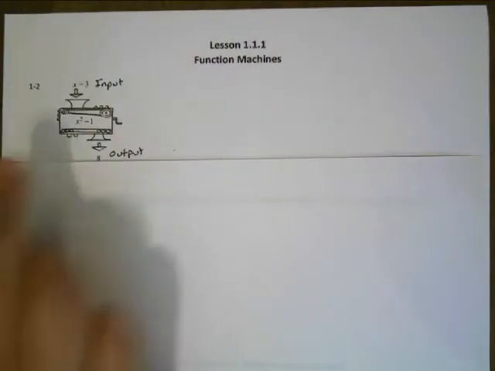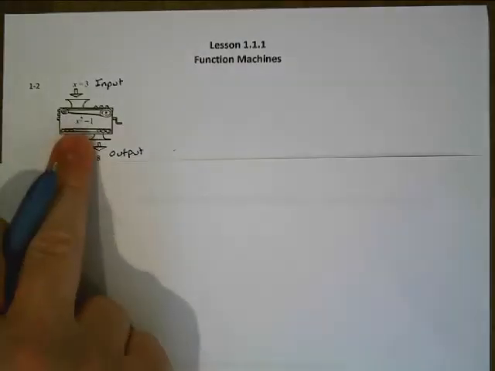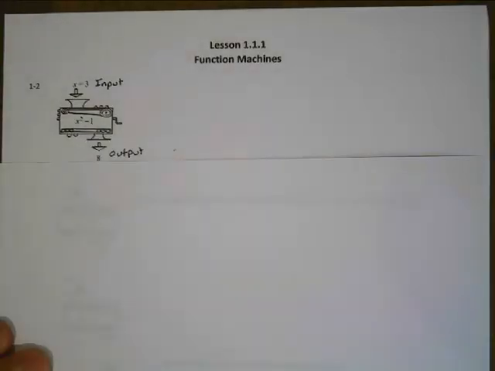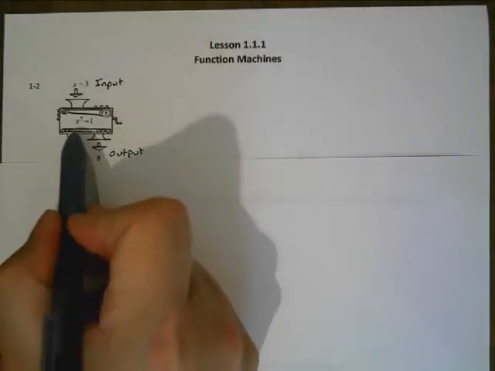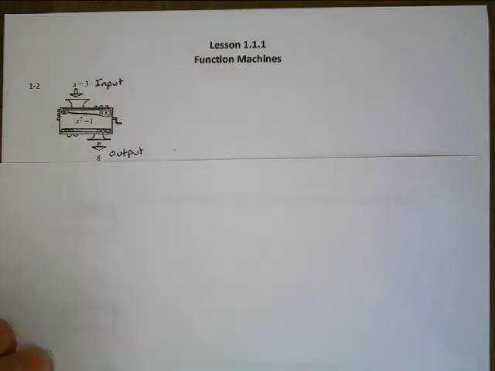Now, between the input and the output, there's some kind of transformation going on. This particular function is x squared minus 1. We want to be able to describe that function in words. Since x is the input, I would say it's squaring the input and then subtracting 1.